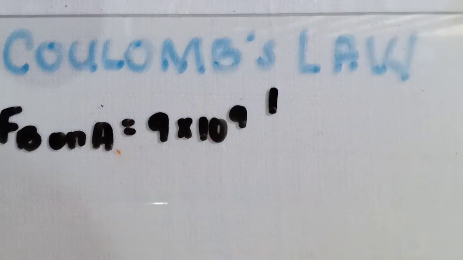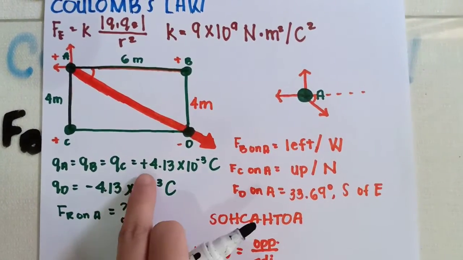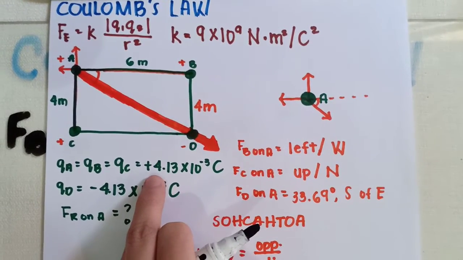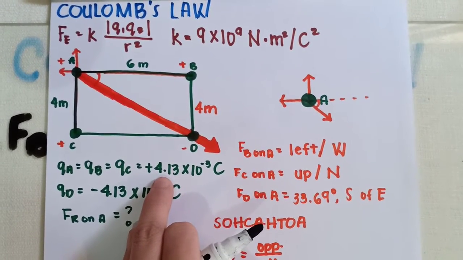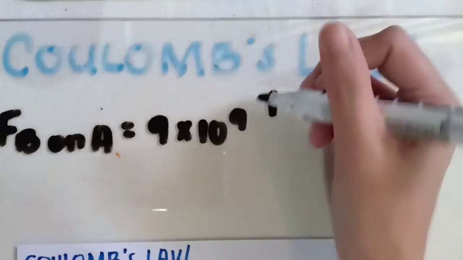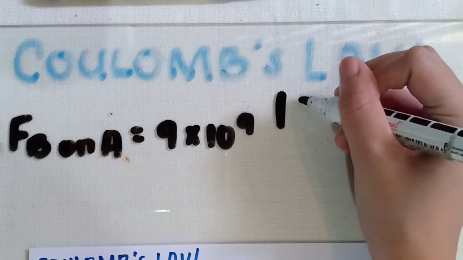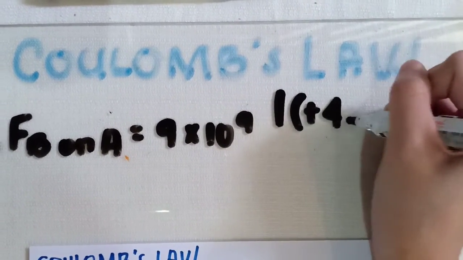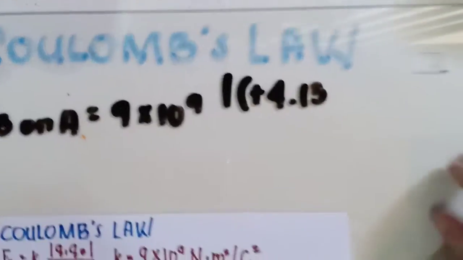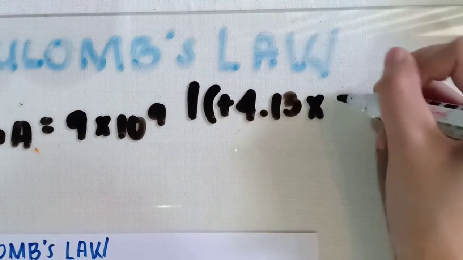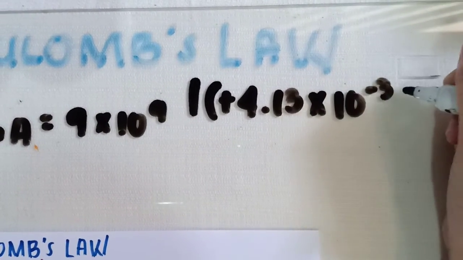So, A and B, the charge is 4.13 times 10 to the power of -3 C. So, absolute value of positive 4.13 times 10 to the power of -3.